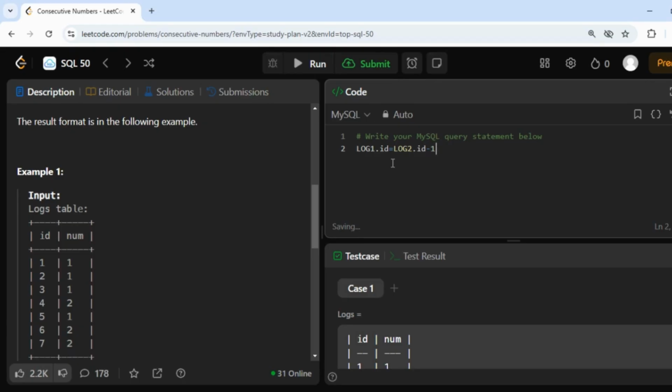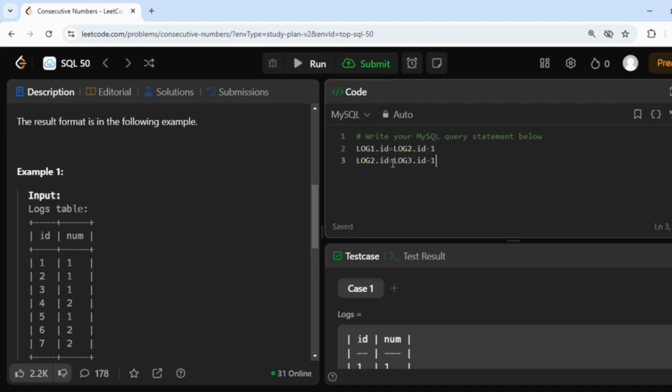Why am I taking 1? Just give me 1 minute. Then log2 ID equal to log3 ID minus 1.